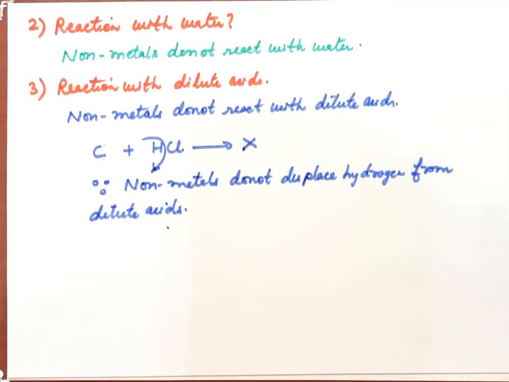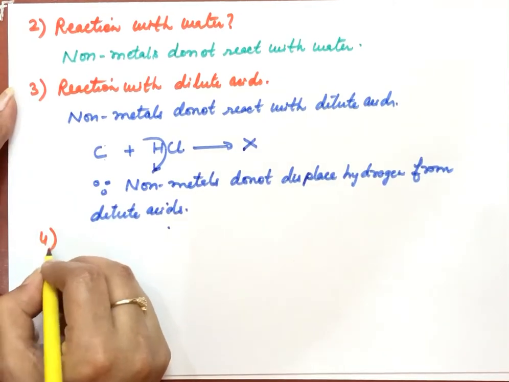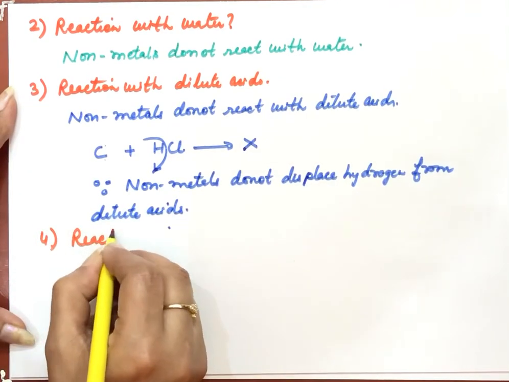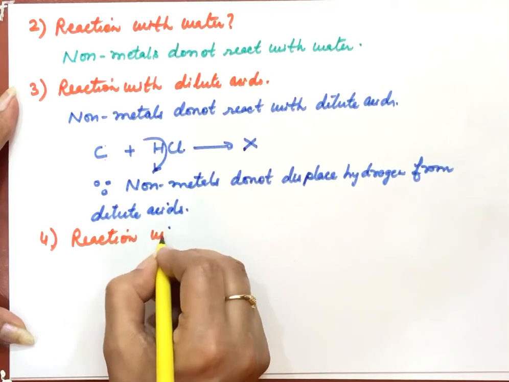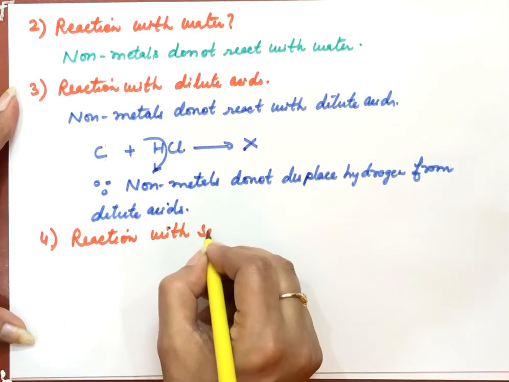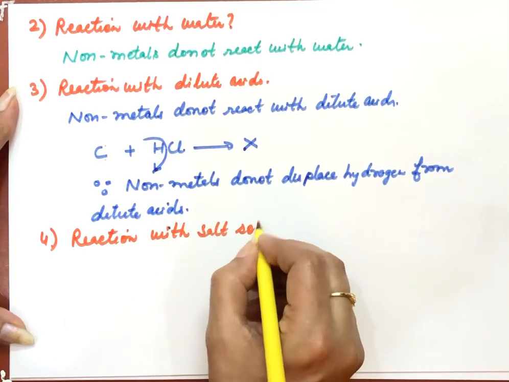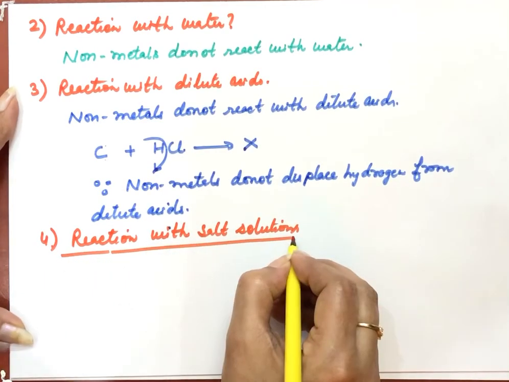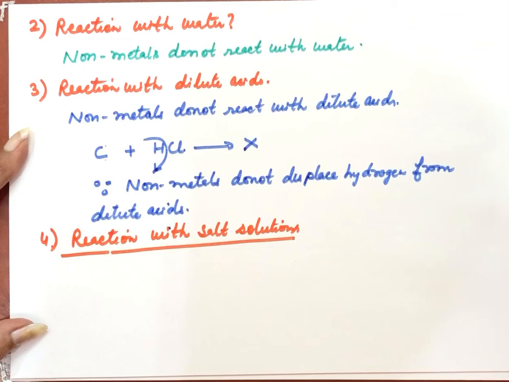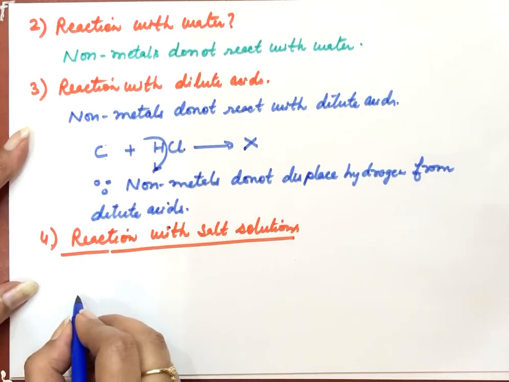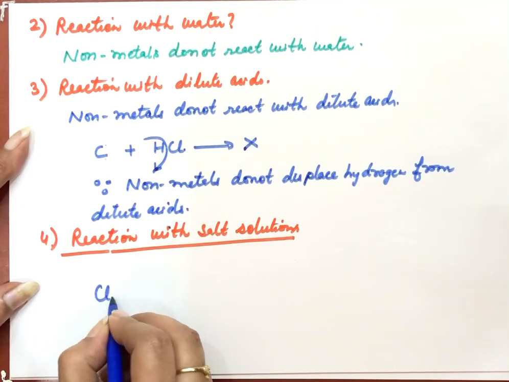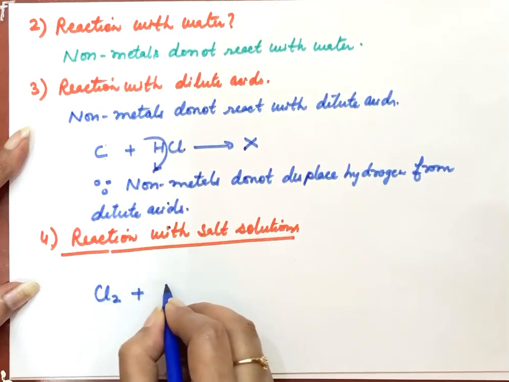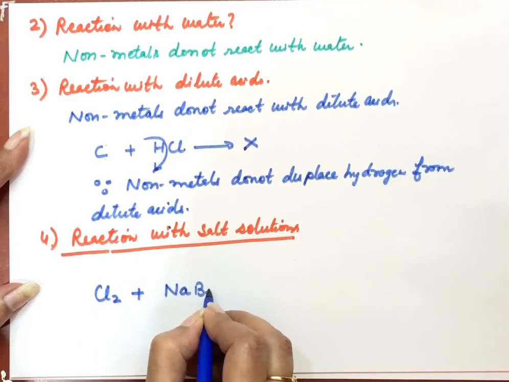Now next after this is the fourth property, that is reaction of nonmetals with salt solutions. Like we have done the metal displacement reactions, a more reactive metal can displace a less reactive metal from its salt solution. Similarly, a more reactive nonmetal can displace a less reactive nonmetal from its salt solution.